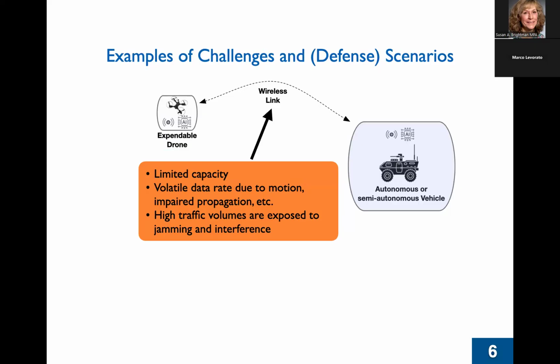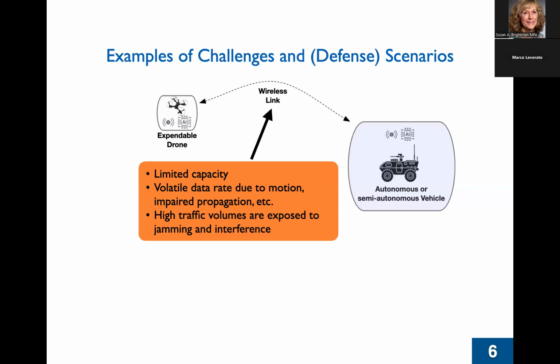Even if you have the best 5G, whatever, you still have volatile, not really controllable data rate. And when you build this kind of loops, you really do want to have some notion of reliability. So, if you have very high frequency, high capacity links, you have hostile propagation environment. If you go low, you have, in any case, impaired propagation.